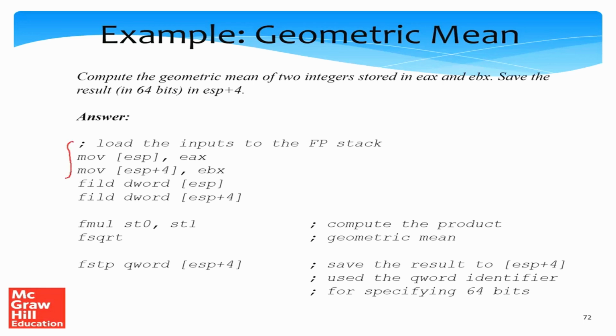So this part remains exactly the same, where we read in the floating point numbers from these two registers. So these two registers contain integers. They are converted to floating point numbers and stored on the floating point stack. Subsequently, instead of an FADD, we multiply them. So ST0 contains the product of ST0 and ST1.